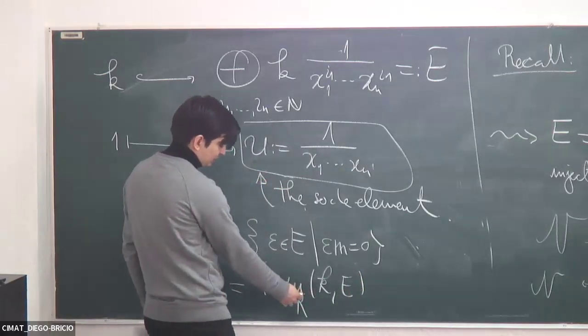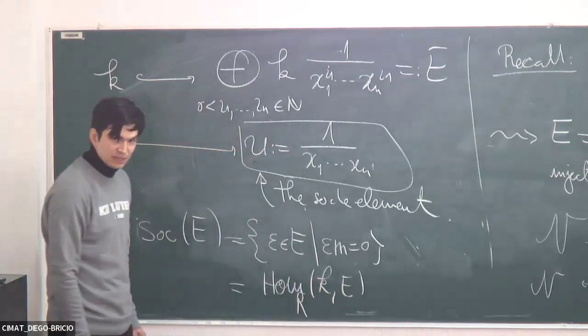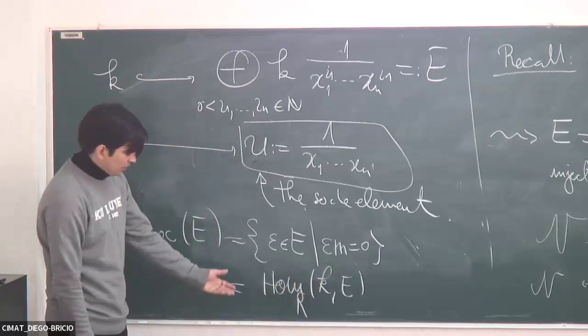In other words, it is the Matlis dual of K. That's why the socle is important. It's right there. It's the dual of K.